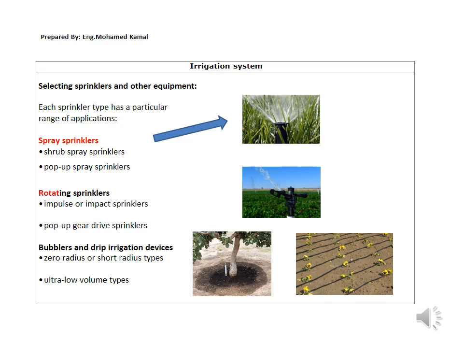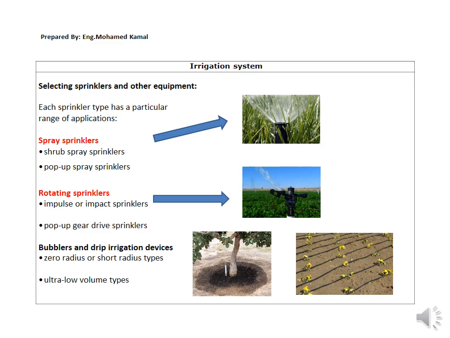If we go for the rotating sprinkler, we have two main types: impulse or impact sprinkler and pop-up gear drive sprinkler. Commonly, you will see this type of sprinkler for irrigation of large playgrounds and large spans of lawn or grass area, as the distance between these sprinklers will be longer than the distance between traditional spray sprinklers.